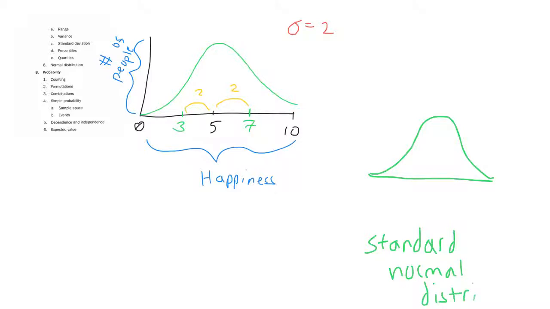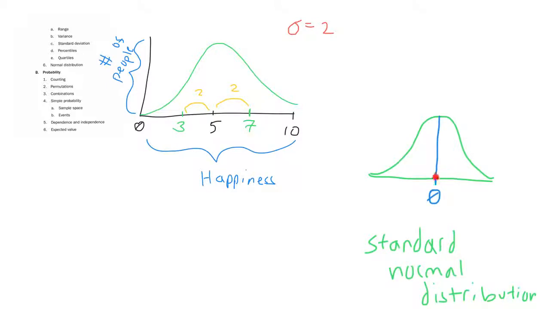In statistics, you're going to deal with a normal distribution, but then something else called the standard normal distribution, where the mean, which is always in the middle, is temporarily called 0.